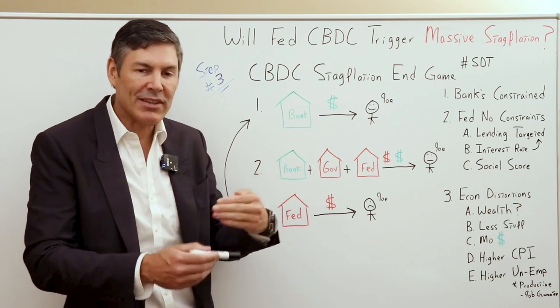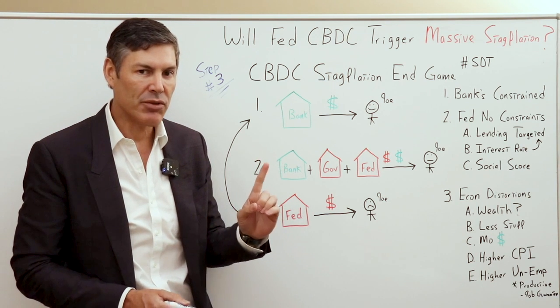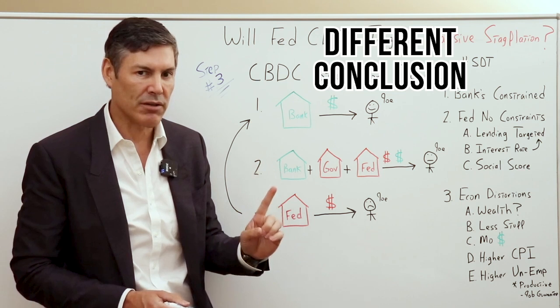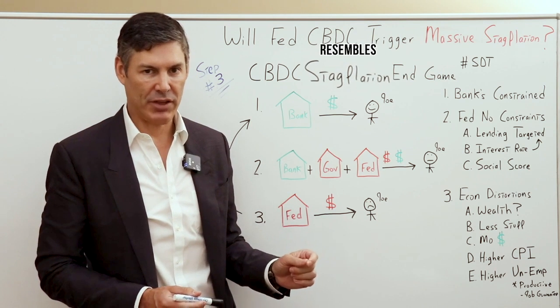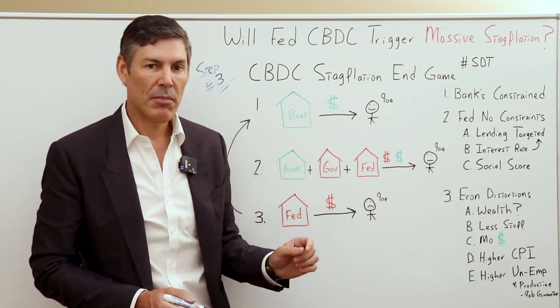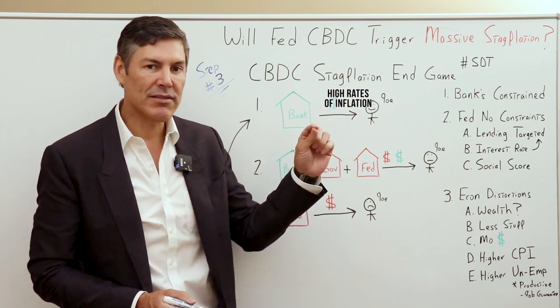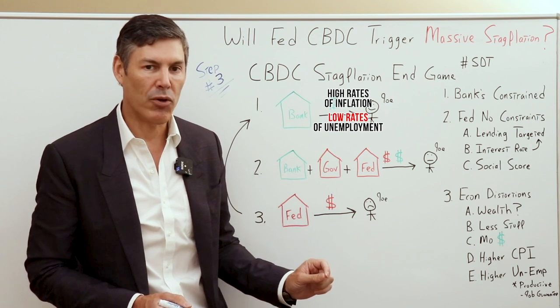But when I was thinking this through on my own, I actually came to a different conclusion. We might have something that resembles stagflation or is effectively the same thing, but it could be high rates of inflation with very, very low rates of unemployment.